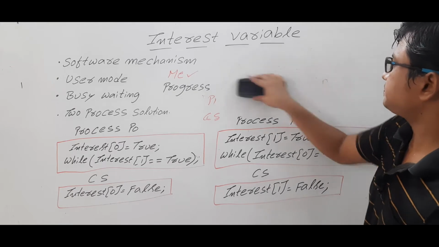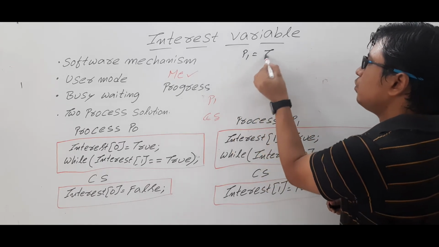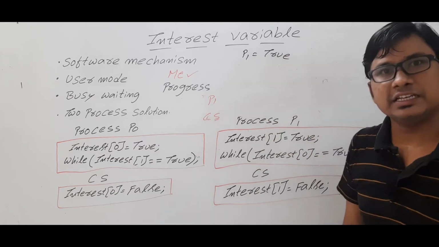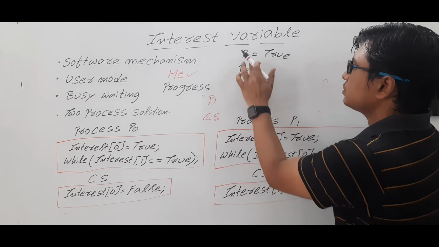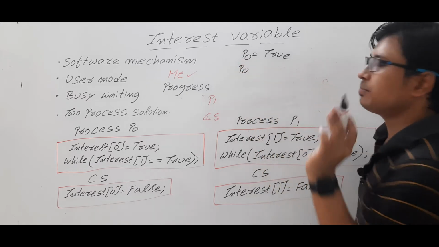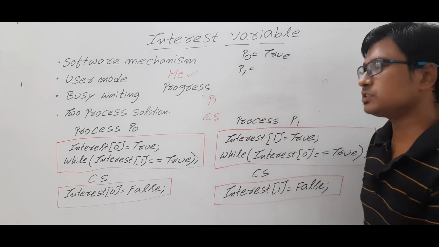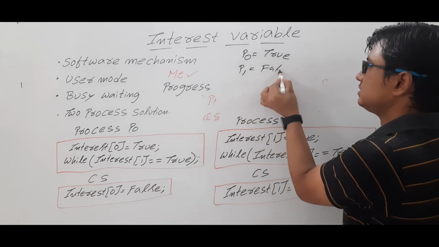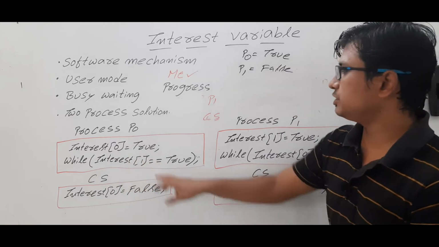Is it clear? Let's consider that process P0 wants to enter into the critical section. It has kept interest[0] equal to true. Same one I have discussed. Process P0 wants to enter into the critical section. Process P1 does not want to enter into the critical section. Is it clear? Are you able to understand? Now, interest[0] is true. Am I right?